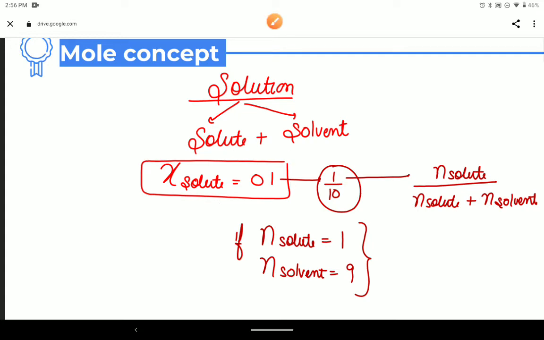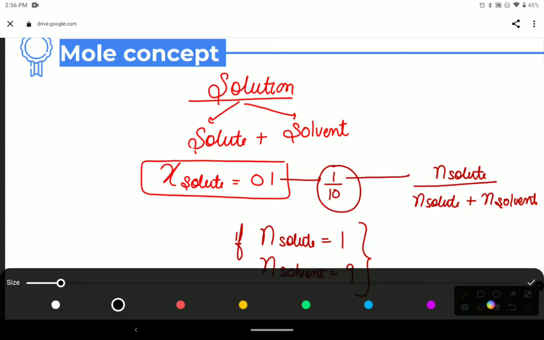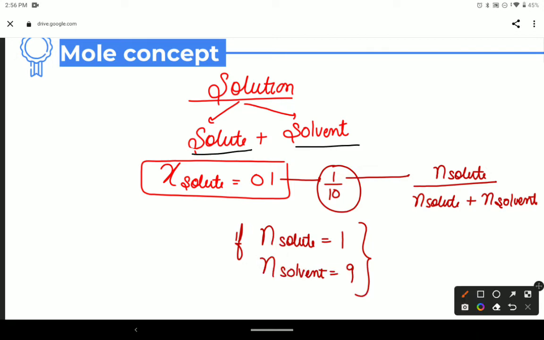In a solution, two types of things are present: solute and solvent. Hope I need not explain this. Solute means which dissolves in the solvent. See, let's take a beaker of water, and we pour sugar.